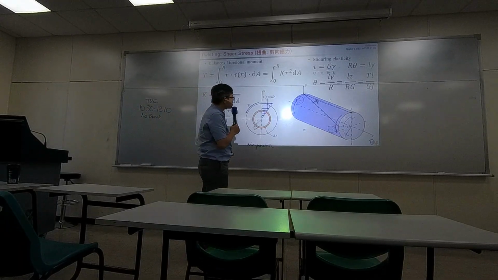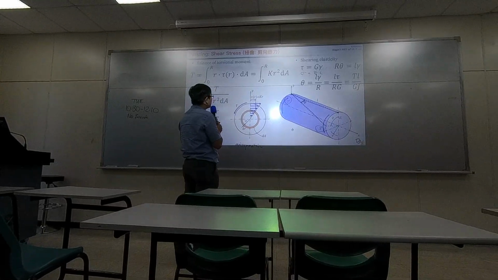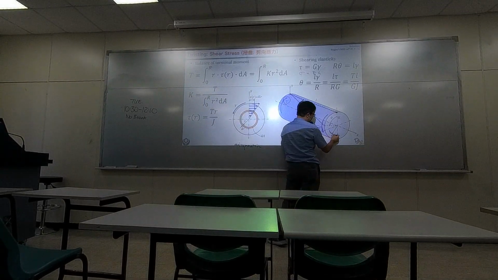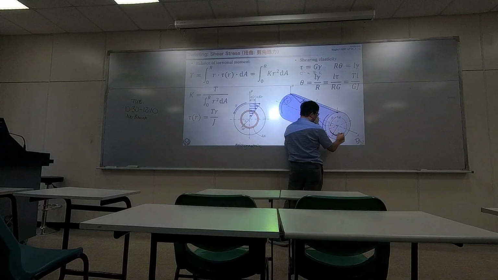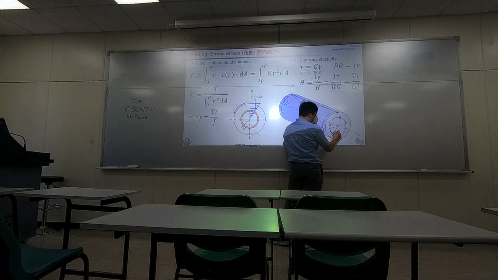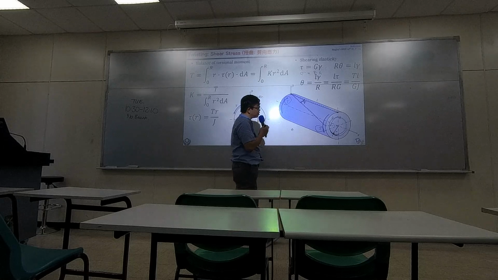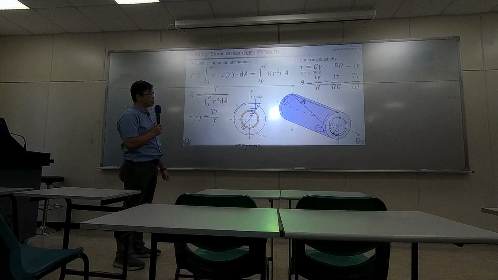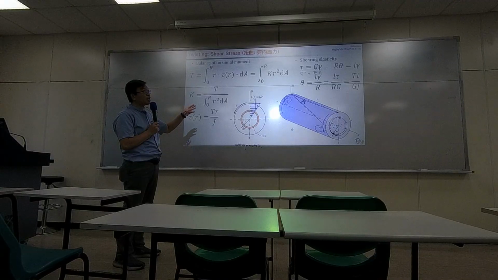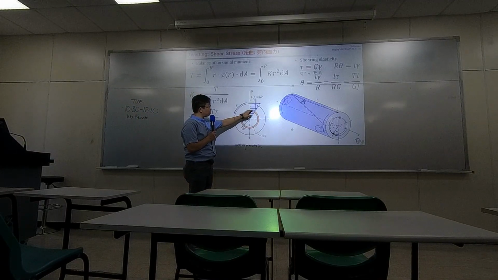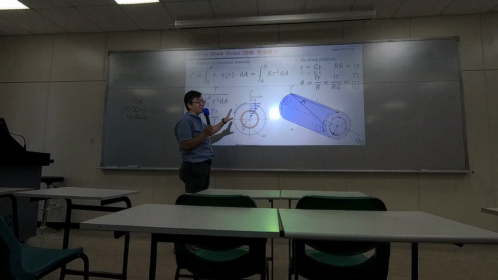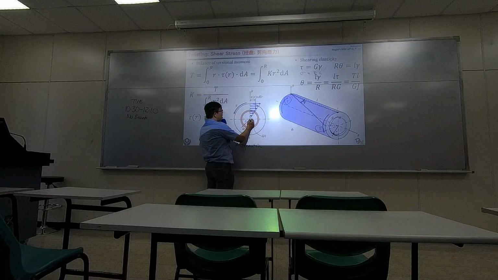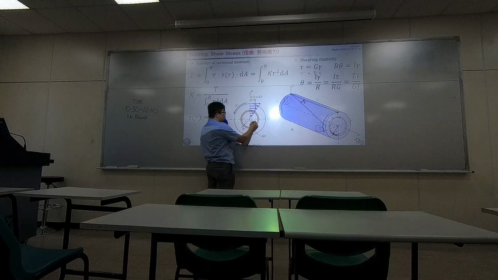Now, we would like to focus on a particular radius. At this particular radius r, since this is axisymmetric, the stress level on this radius is exactly the same. So right at the middle, we have zero shear stress.